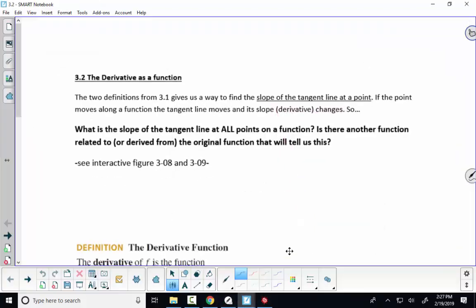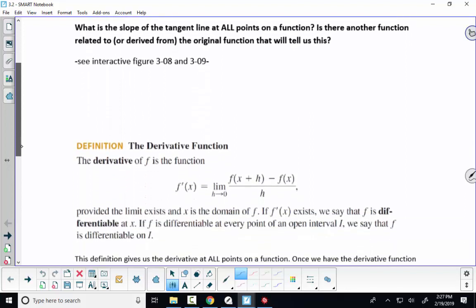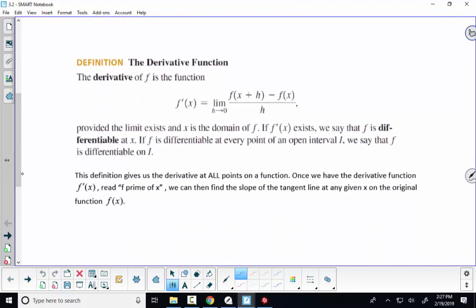And the way we do that is given to us here in 3.2, where we start to look at the derivative as a function. The derivative as a function, you see it's just a slight modification of that alternative formula we were just working with. Still the limit as h goes to 0, but instead of f of a plus h minus f of a, it's f of x plus h minus f of x.